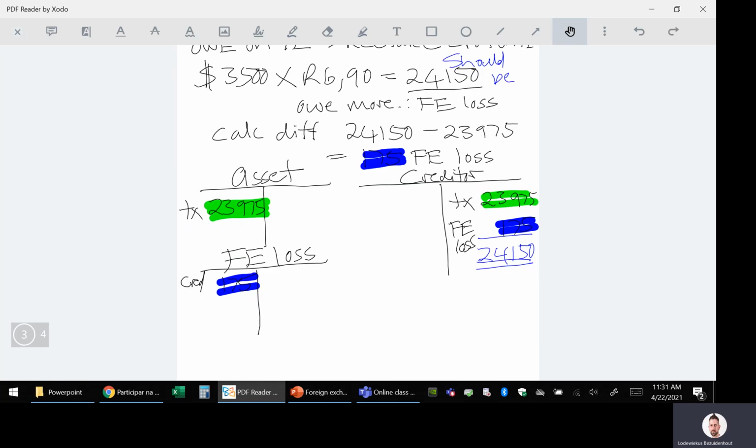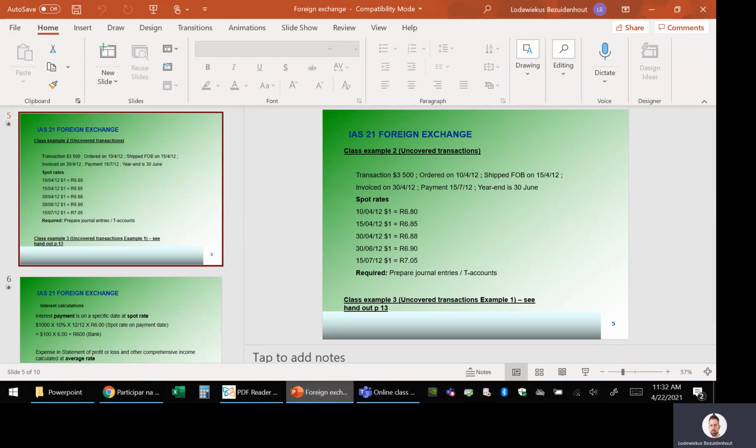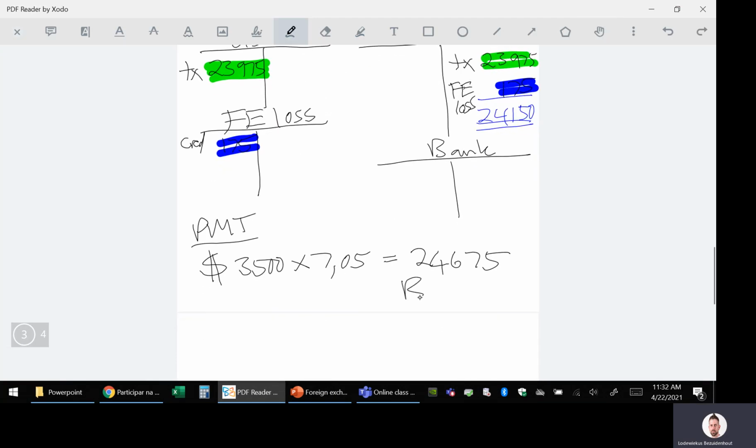So after year end, we make a payment, $3,500 times 7.05 because that was the rate that was given on the 15th of July. That is on the payment date, and that payment then will be 24,675, and that is the bank amount.